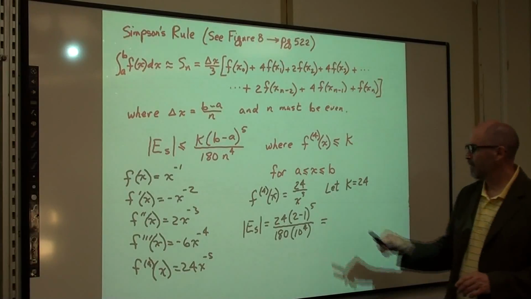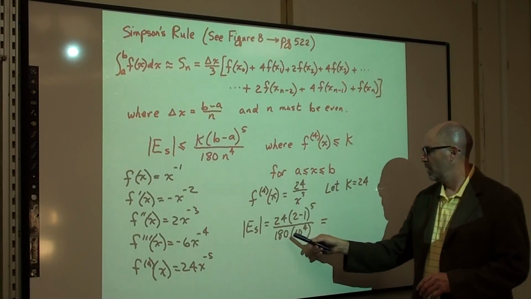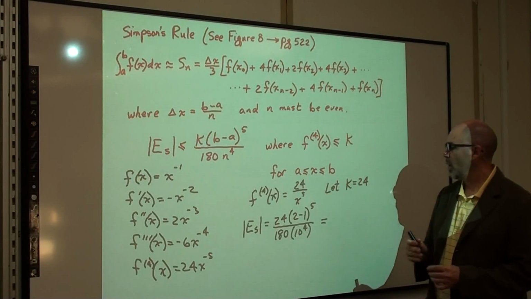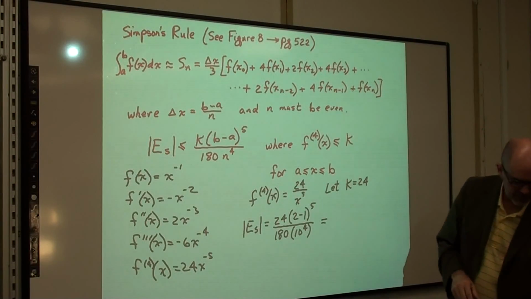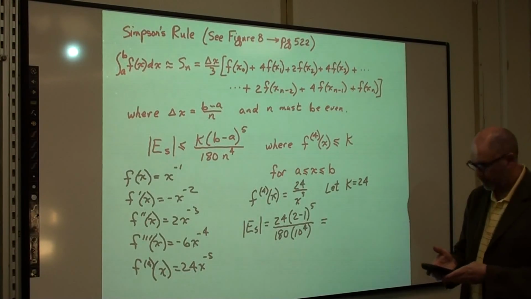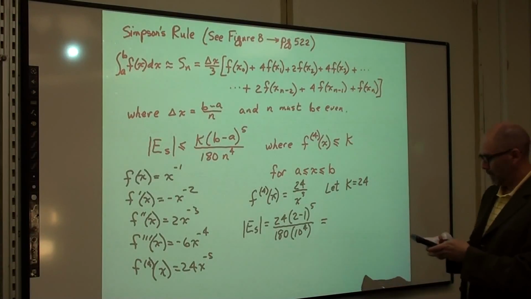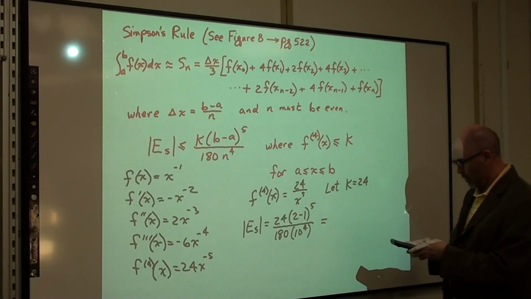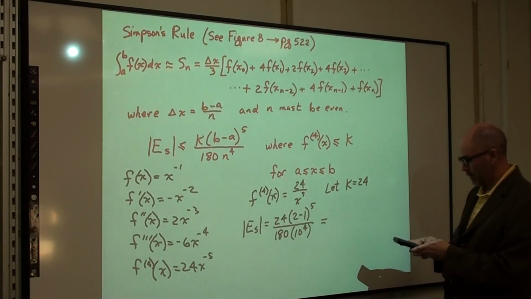So that's 24 over 180 with 4 zeros at the end. So 24 over 180, 1, 2, 3, 4.